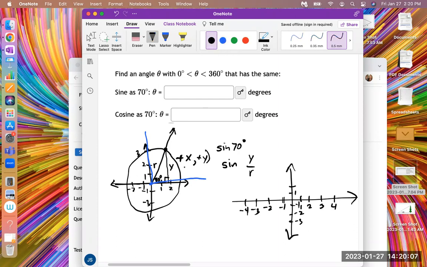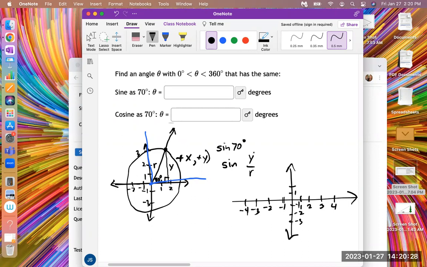That means that, particularly because sine and cosine are your y and x coordinates if you're on a unit circle, you're going to have positive cosine and positive sine in this first quadrant. So I know that sine of 70 is positive.